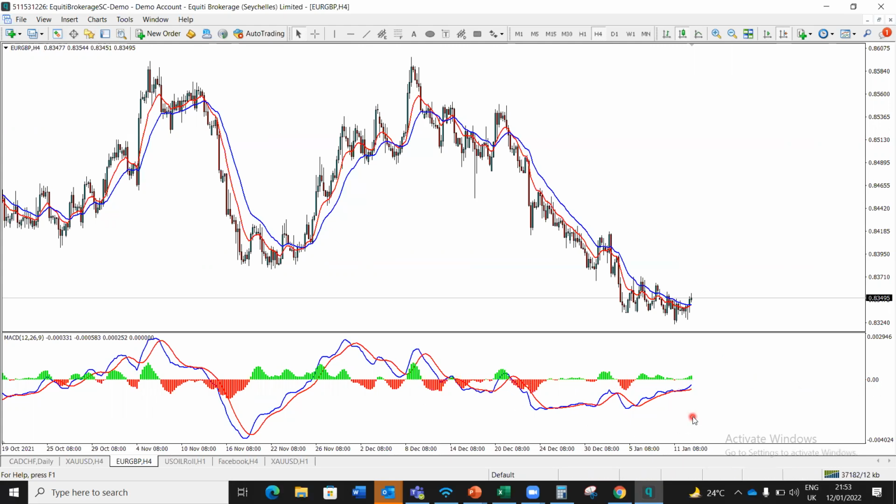We also have the MACD line. This is the MACD line. It's considered the fast moving average. It gets there before the others. Then we have the MACD signal line, which is this red one.